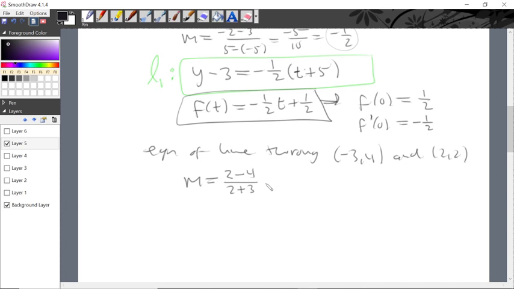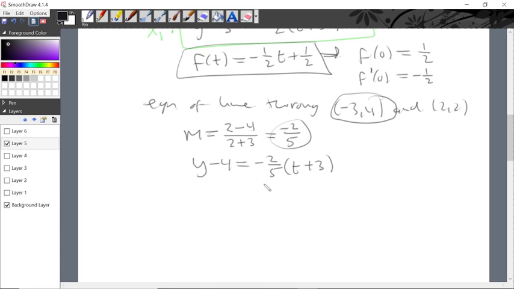In this case, that gives us -2 over 5. And so we can write an equation of a line through this point with this slope: y minus 4 equals negative 2/5 times (t plus 3). You could have used the coordinates from the other point as well. That would have been totally fine, in fact maybe even easier than these numbers I chose. Usually smaller numbers are easier to use than larger numbers.